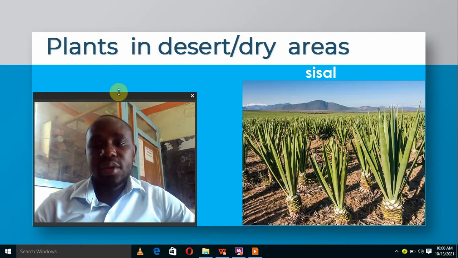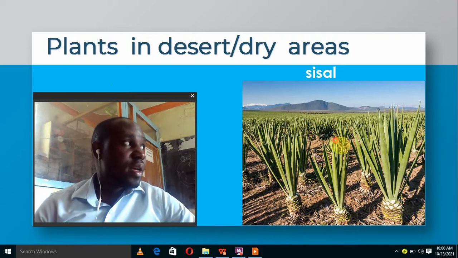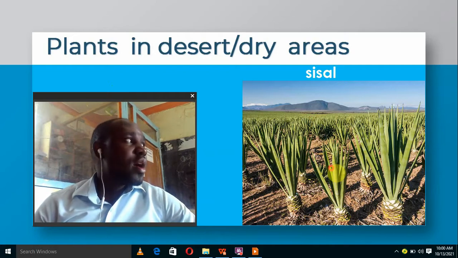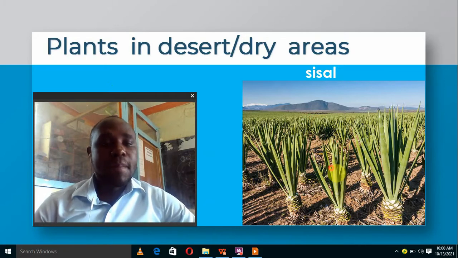As you can see, the area is very dry, and the farmer just planted his sisal. From sisal we can get the fibers which can be used for making ropes, balls, sacks, and others.